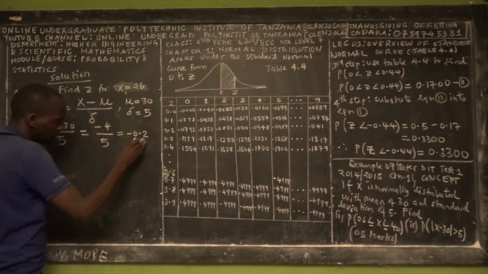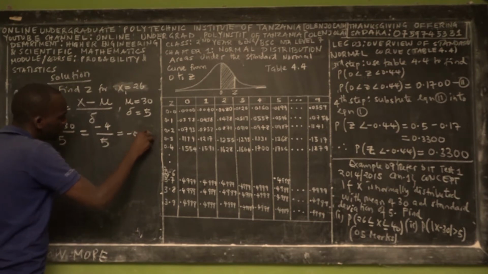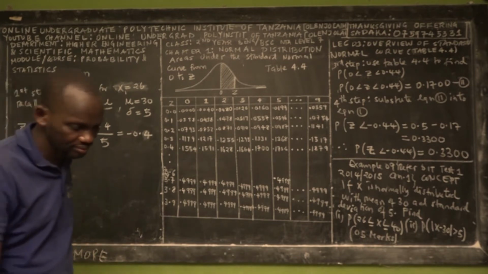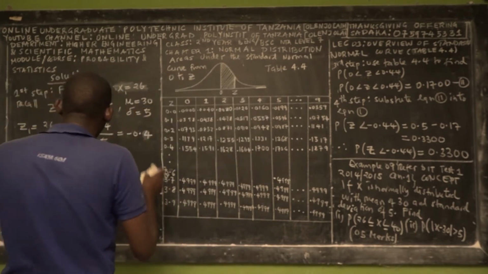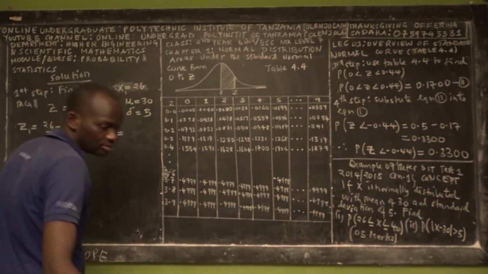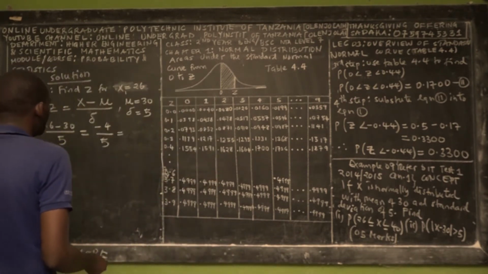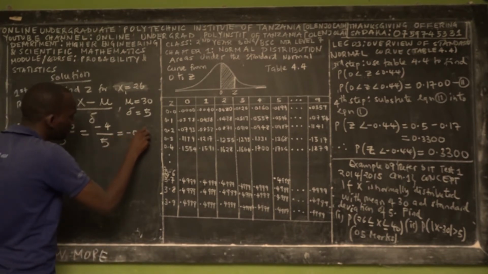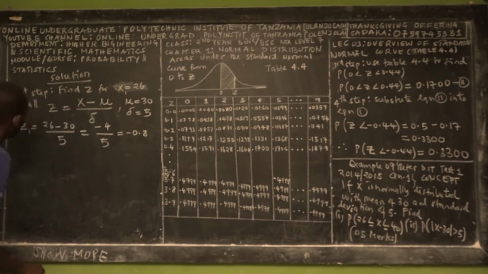Why 0.8? Because 40 over 5 is 8, because 8 times 5 is 40. So negative 0.8. That is Z1.